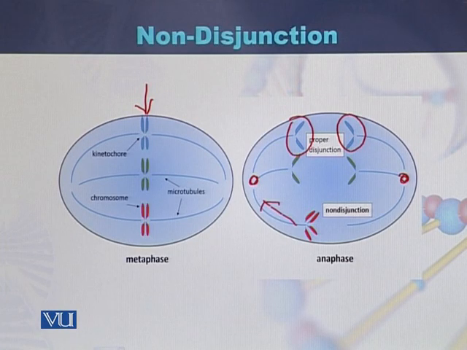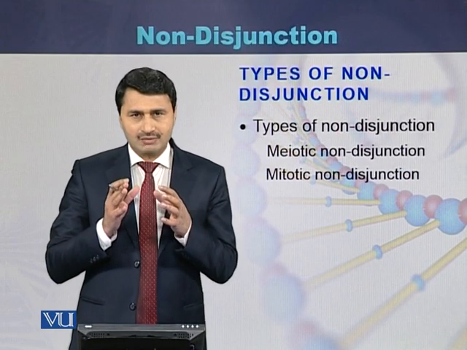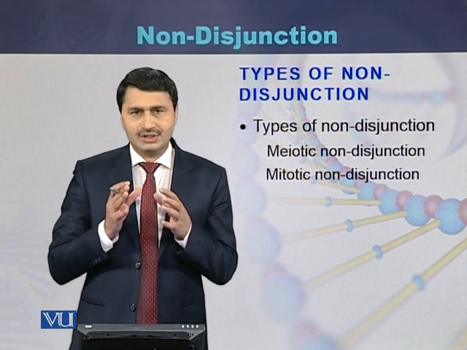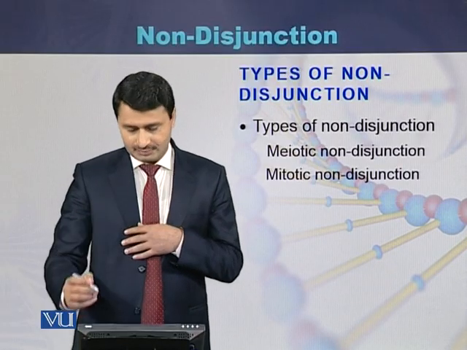So if there is proper separation between the sister chromatids or between the homologous chromosomes, that is called disjunction. And if there is non-disjunction, then the separation between the homologous chromosomes fails. There are two types of non-disjunction. The first one is mitotic non-disjunction and the second one is meiotic non-disjunction.